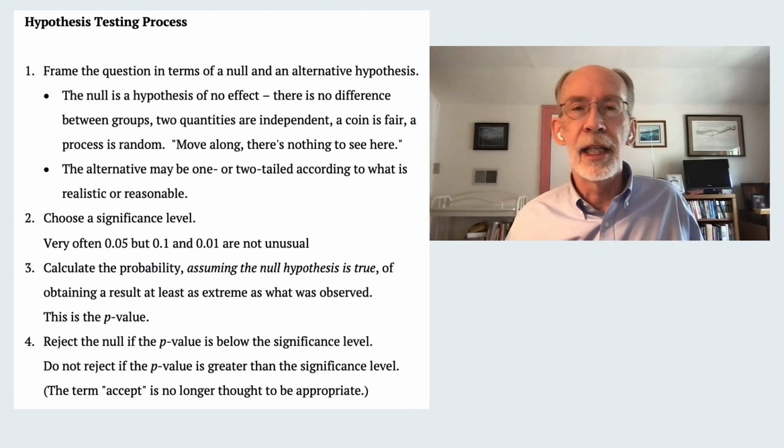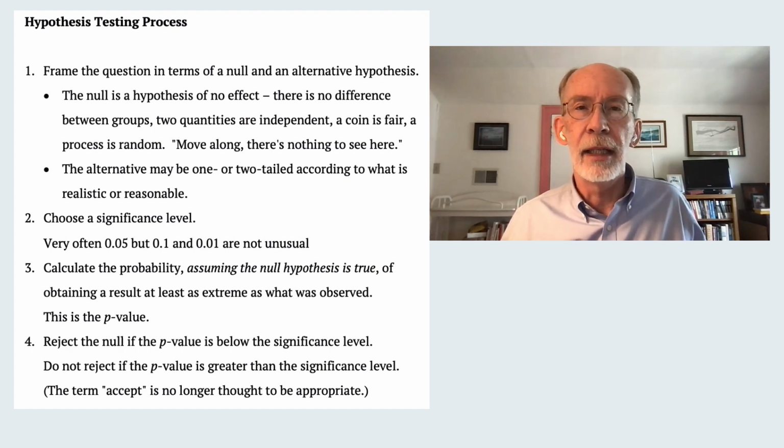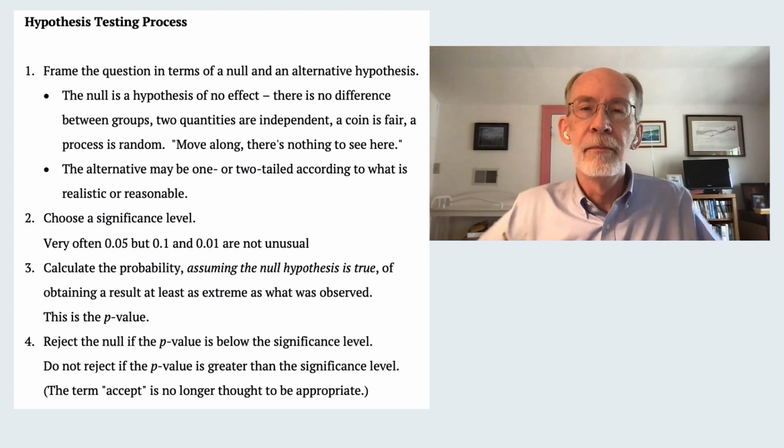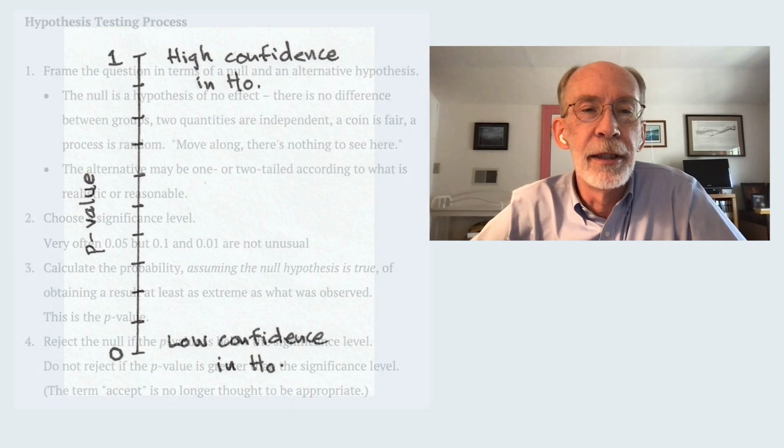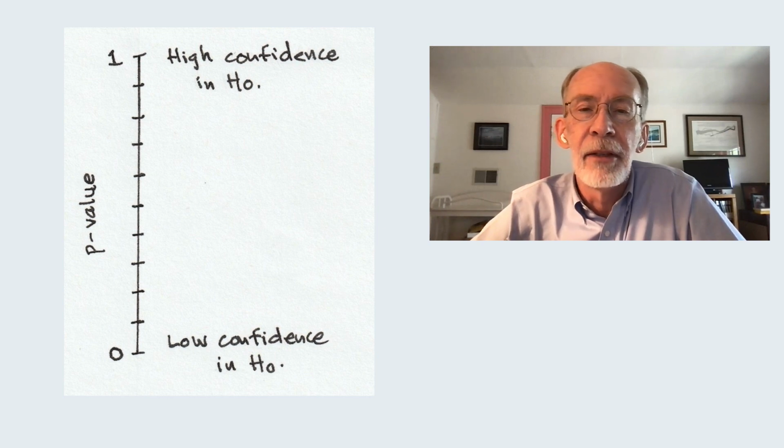And our p-value was 0.000005. It's the probability of seeing a result at least as extreme as the one that was observed if the null hypothesis were true. This is called a p-value. And you'll see on your screen a little gauge I made to indicate how to understand p-values.